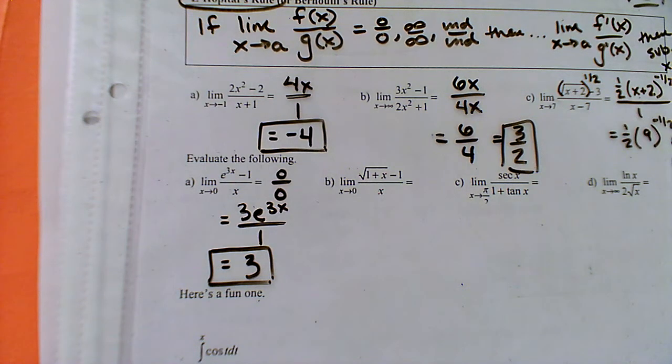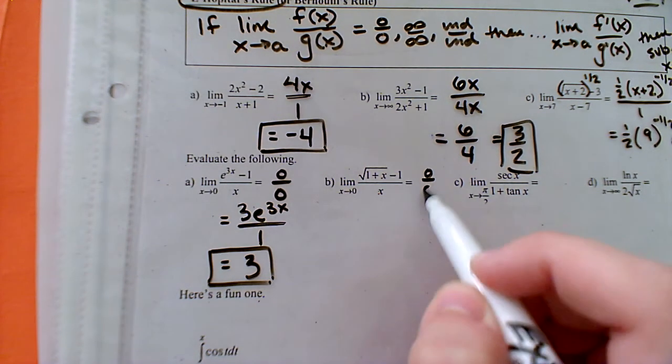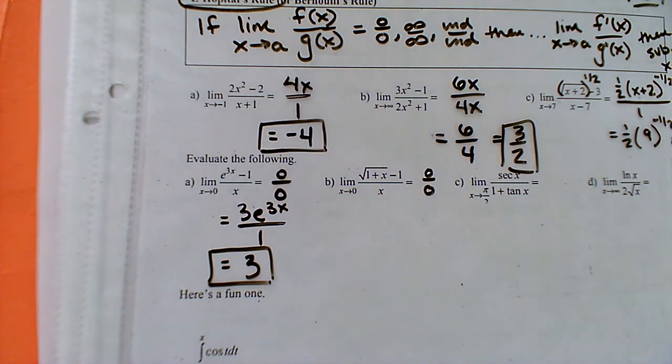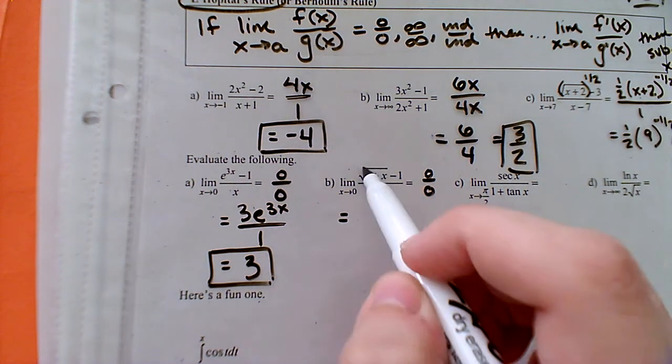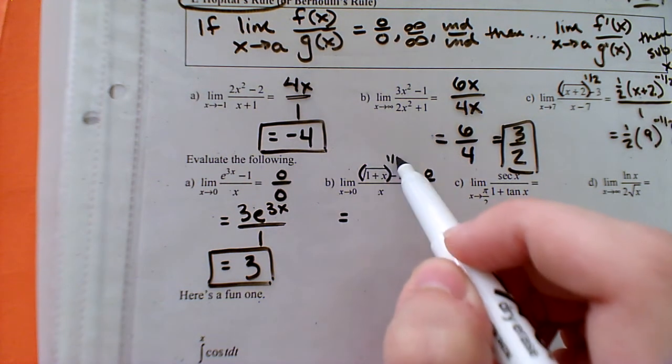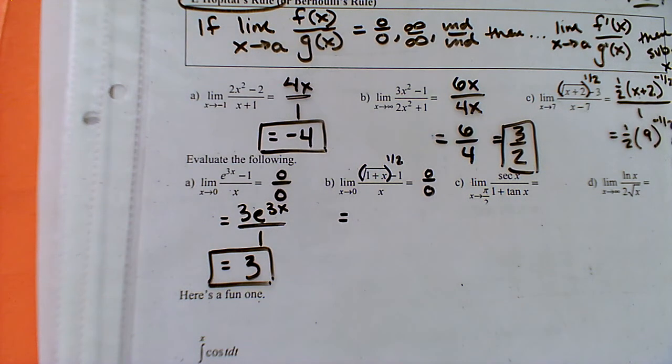Let's try B. If we plug in 0, we're going to get 0 over 0. So let's do derivative of top over derivative of bottom. Maybe you want to rewrite the square root as a power of a half.